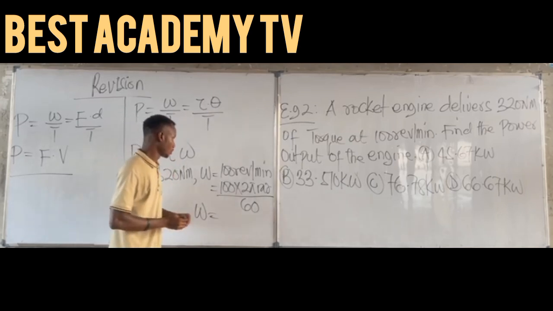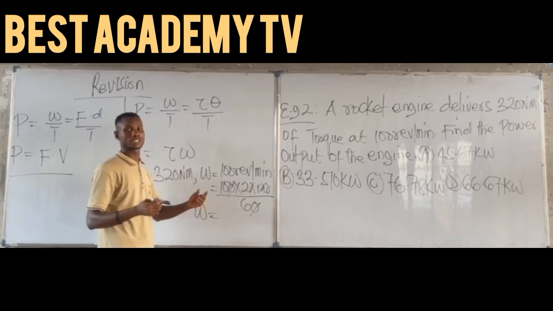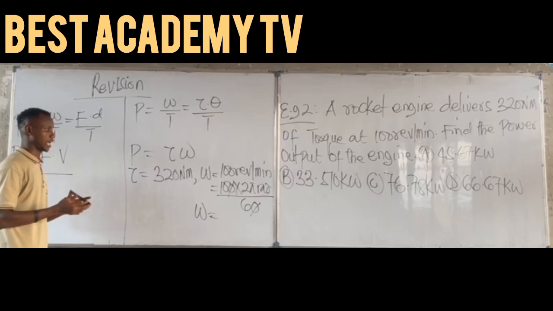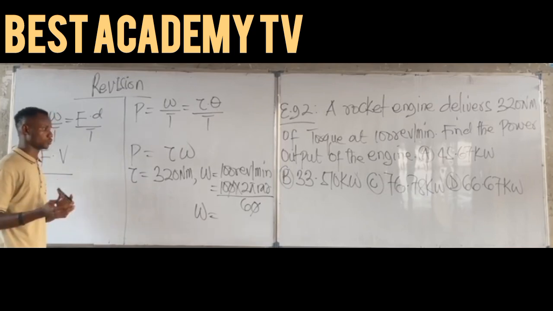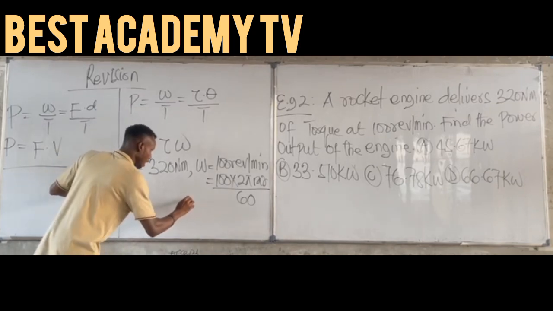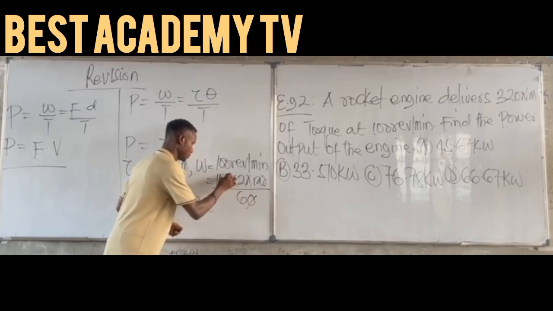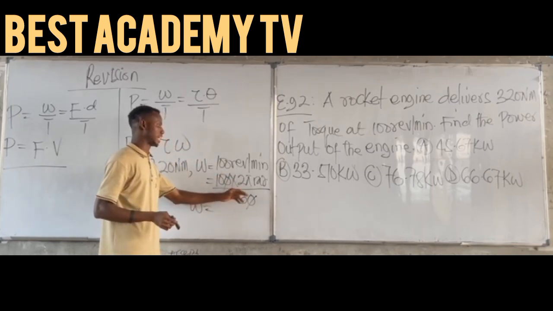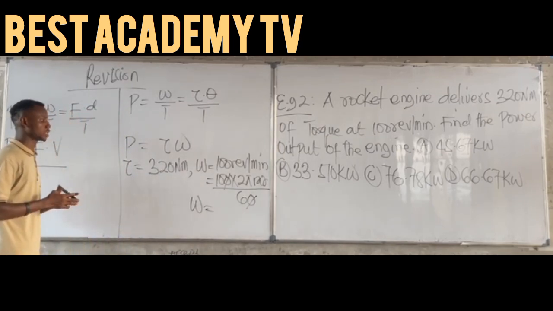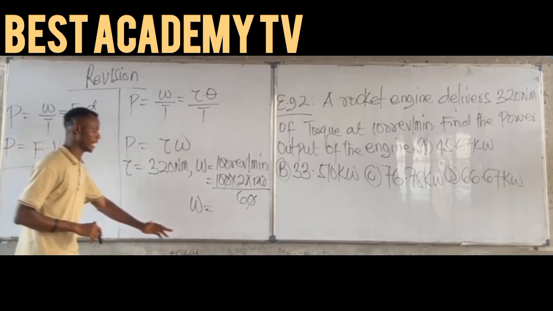So totally here, our omega will be equal to, on your calculator, this will cancel this first. Now we have 20 times 3.142, divided by 6.